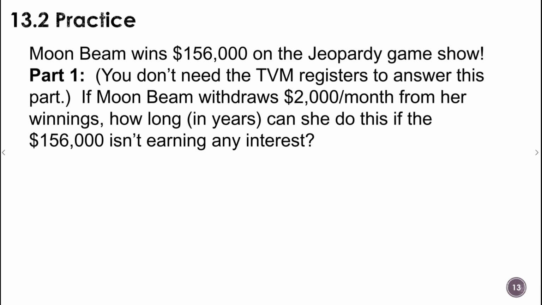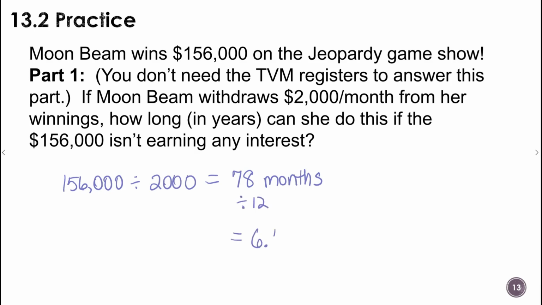Well, that just means we can take $156,000 and divide it by 2,000, and that will tell us how many months, right? For 78 months she can withdraw this money. We can divide that by 12 and see that it would be 6.5 years. Now you would for sure want this money earning interest, because you see it's not going to last that long even with $2,000 per month being withdrawn.